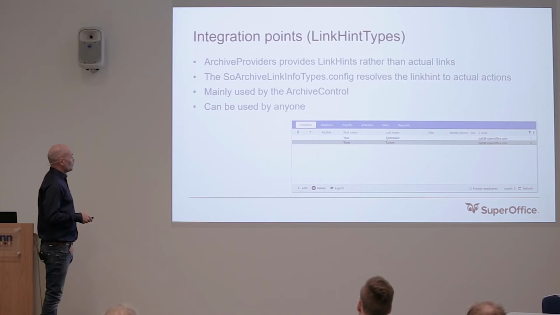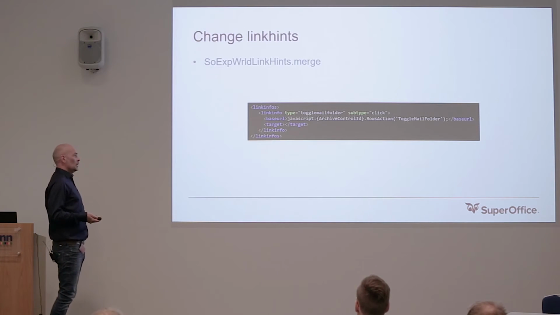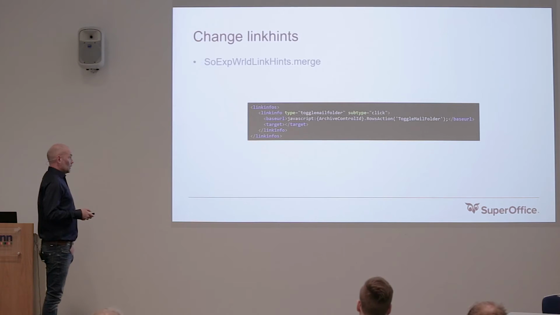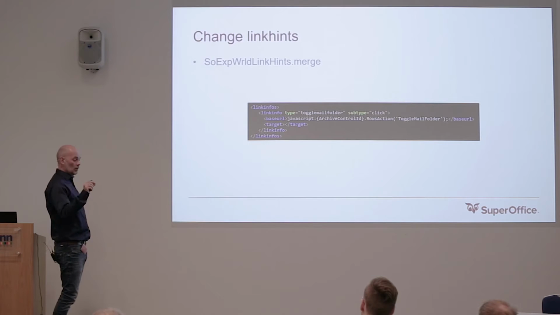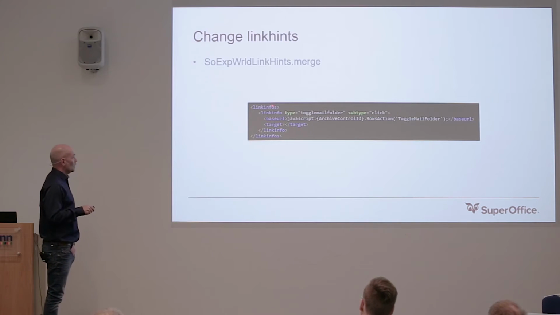So if you want to override, for example, toggle email folder rows, which is actually a name for a row, and you want to do something else when you double click on that type of row, you can do it like this in a merge file.